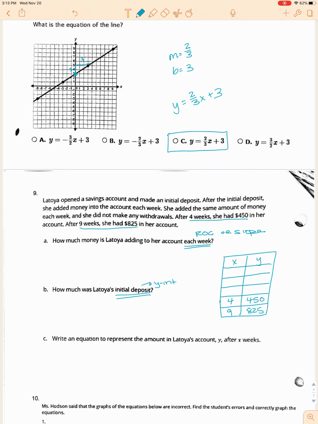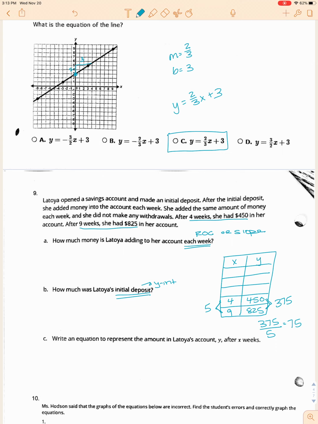So those are the 2 pieces I need. I could use the slope formula and find the slope that way, or I can just find the difference in y over the difference in x. So 450 to 825 is 375. 4 to 9 is 5. And therefore, I can tell you that my rate of change is 375 over 5, which is just 75.